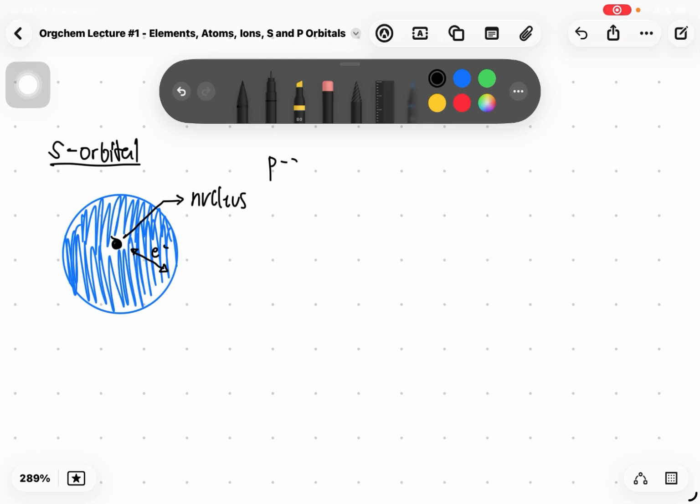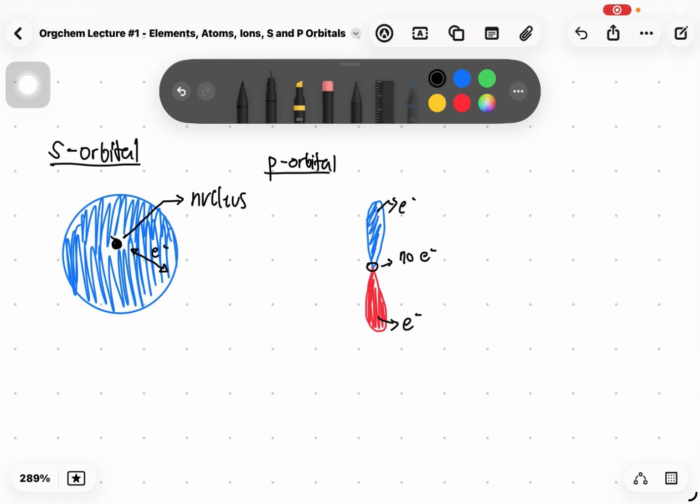Now, for our p orbital, it gets a bit more complex. Usually, this is what it would look like. It has a dumbbell shape. And these dumbbells are where we can find our electrons. In the center, there is no electron density.